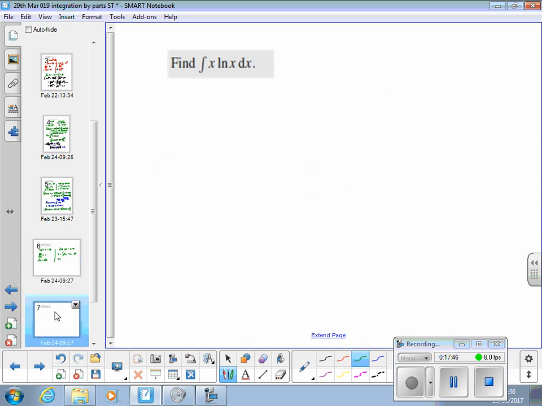Let's start again. What are we going to make u equal to now? And dv. Differentiate u. So the differential of ln x, all that partial fraction stuff this morning, you ought to know that.